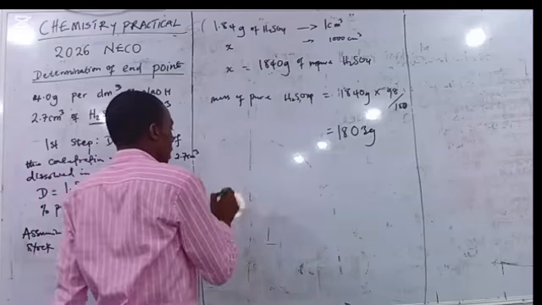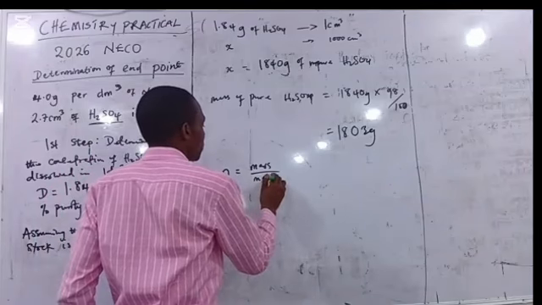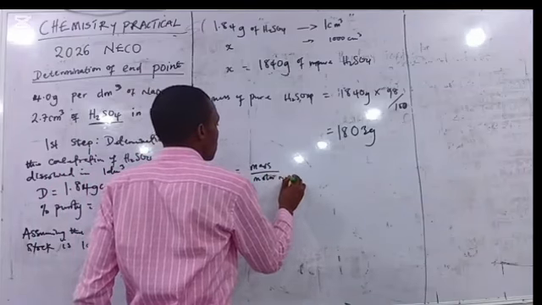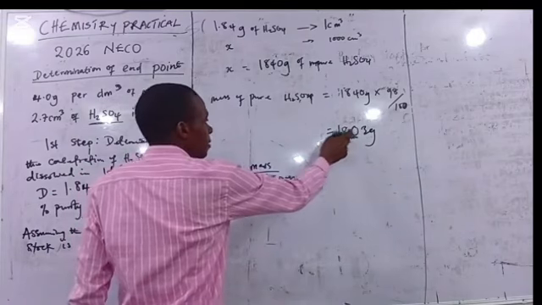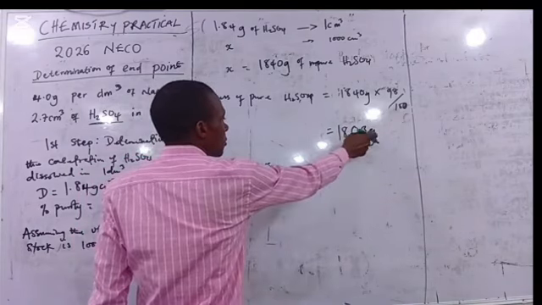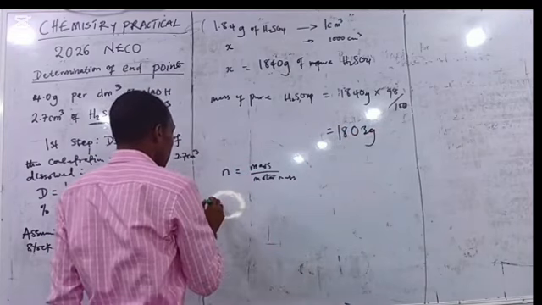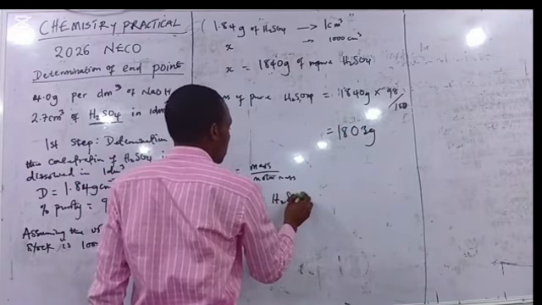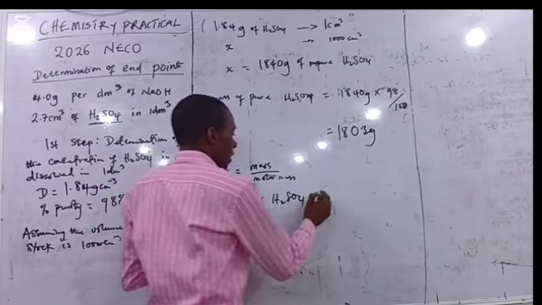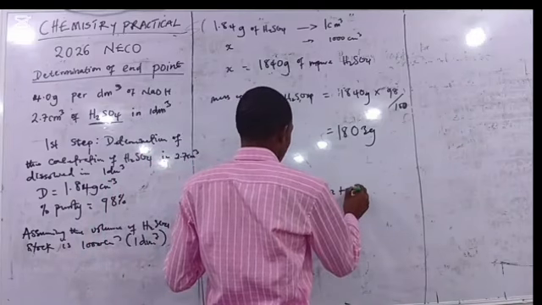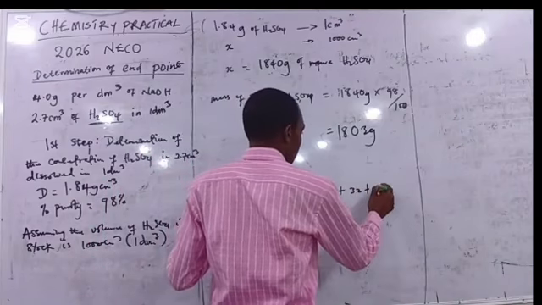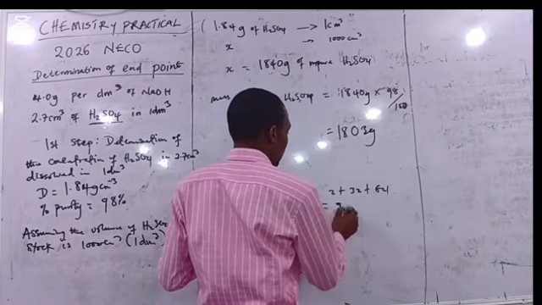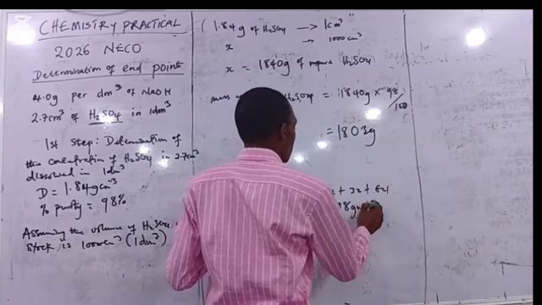Remember, number of moles is equal to mass over molar mass. The mass is 1803, but what's the molar mass of H2SO4? That's 2 plus 32 plus 64, well, that's 98 gram per mole.